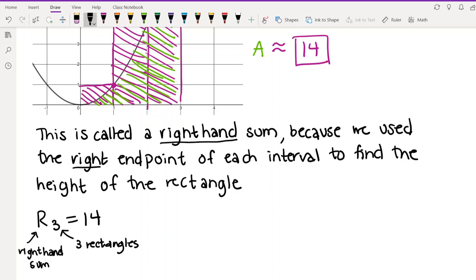You'll definitely see this language come up on the worksheet that goes with this video. In a minute we'll do a left-hand sum, and that would be L3. Then there's also a midpoint sum, and that would be M3. So the R refers to the fact that it's a right-hand sum, and the 3 refers to how many rectangles we're using.